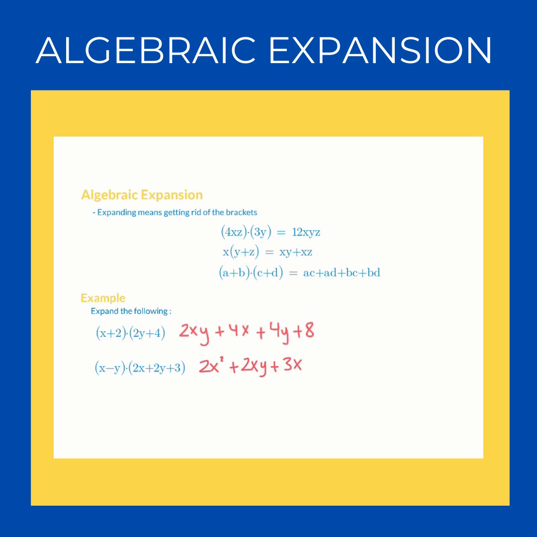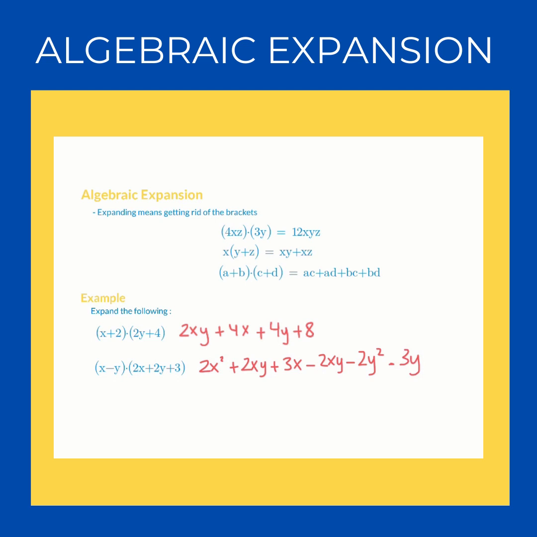Then I multiply negative y times 2x, which is equal to negative 2xy. And I multiply negative y times 2y, which is negative 2y squared. And finally I multiply negative y times 3, and the answer is negative 3y.